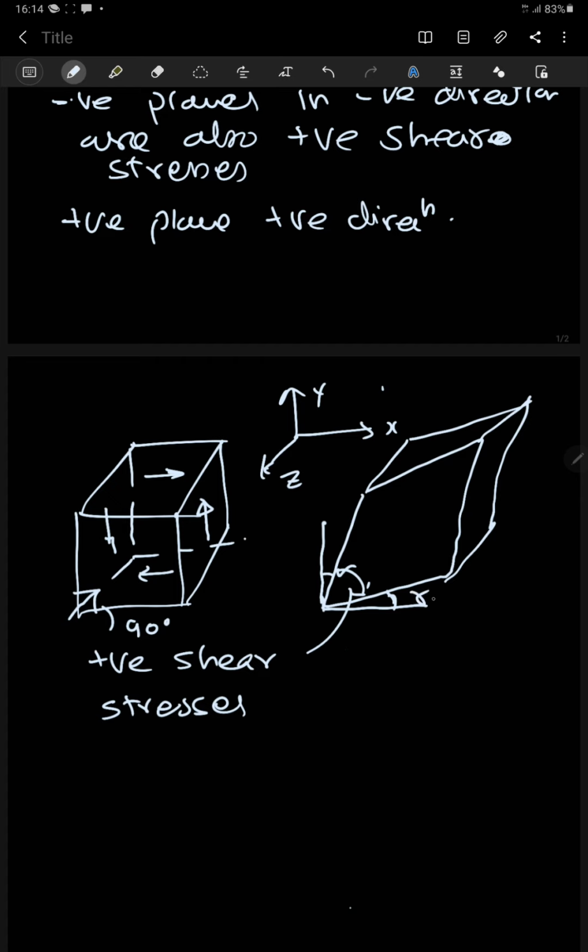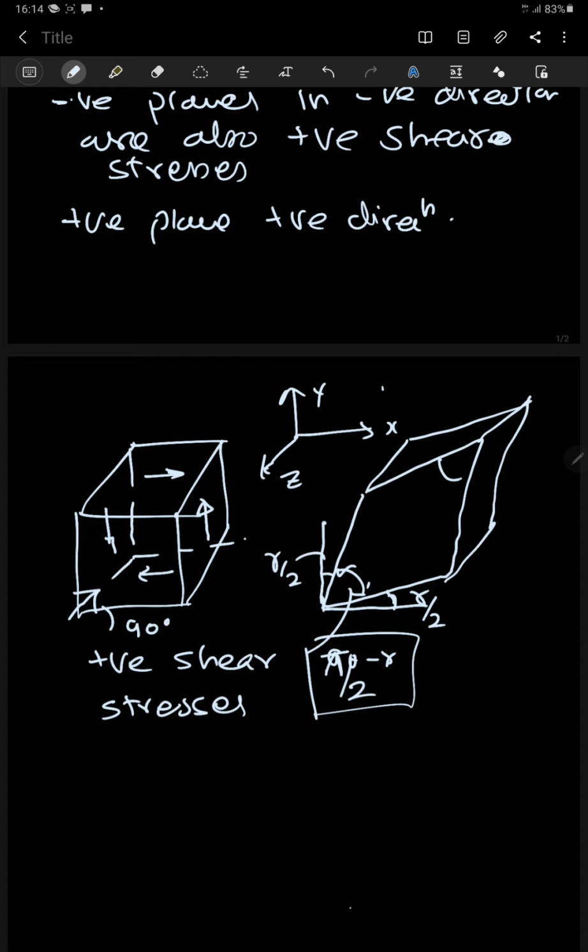If this is gamma by 2 and this is gamma by 2, I can say this angle becomes pi by 2 minus gamma. Under the action of these shear stresses, you will be able to see this distortion. Similarly, the opposite angle is also pi by 2 minus gamma.